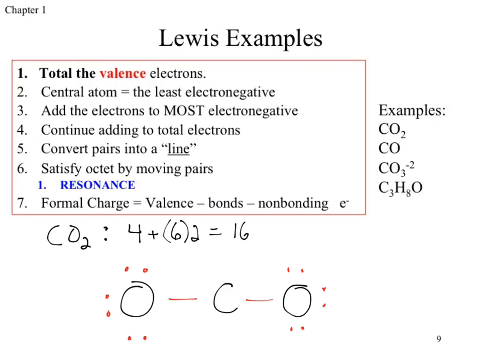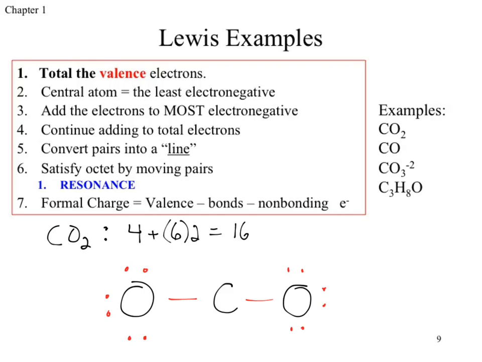So then the next part is trying to move electrons to satisfy octets. So we would go through and evaluate each of our atoms and say, has it reached its octet? We take a look at the oxygens. Have they achieved their octets? Absolutely. Which means they're good. What about the carbon? How many electrons are around the carbon? 4. It needs to have 8.